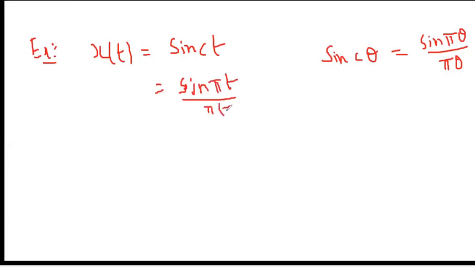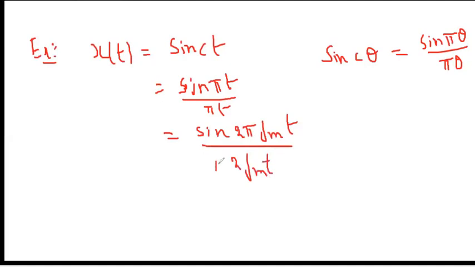Then convert that function into sine 2 pi Fm t, divided by 2 pi Fm into 2 Fm t, my dear students. The denominator is 2 pi into Fm and the numerator also has 2 pi Fm, to get the same function.